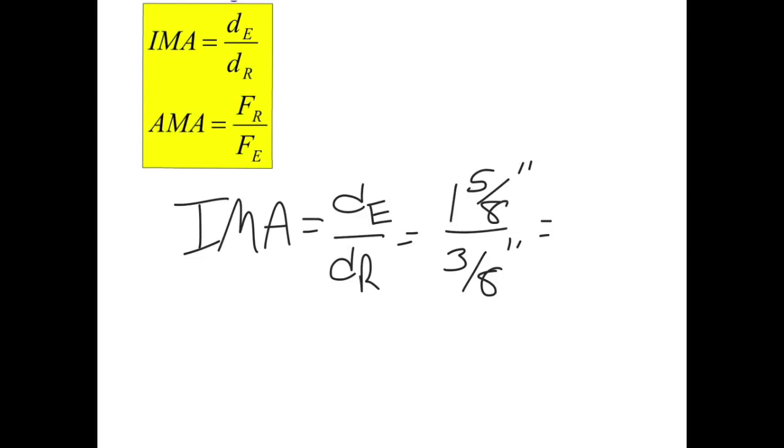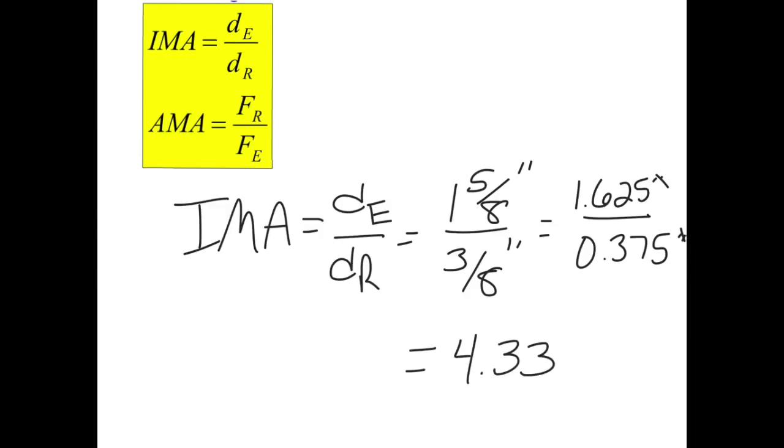I'm going to simplify that to 1.625 inch over 0.375 inches. My inches are going to cancel out, and that equals 4.33. So my ideal mechanical advantage is 4.33. So now it's your turn to go to the lab and build the example of the wheel and axle.